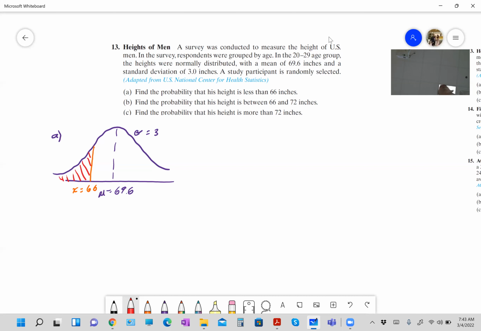Correct. We're gonna convert an x value, a random variable, to a z-score. Remember, a z-score is just a measure of how many standard deviations a particular score is from the mean. That's all it is.